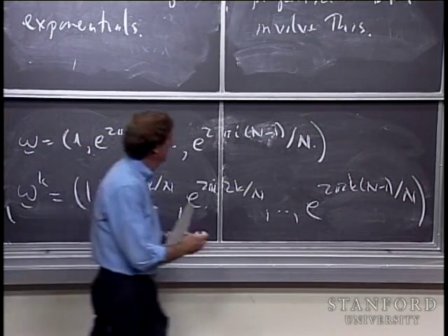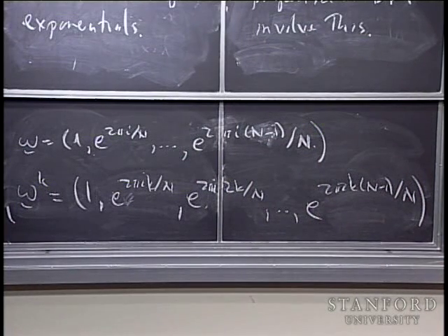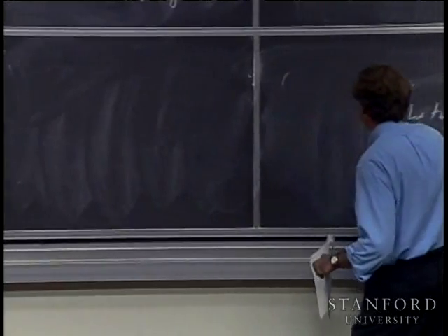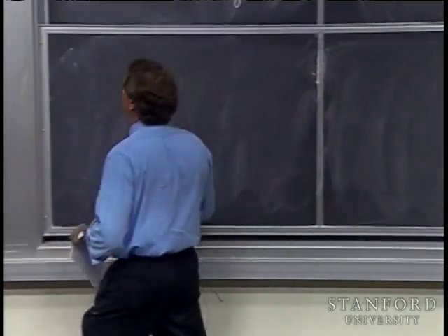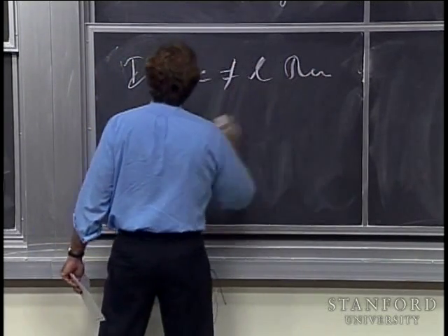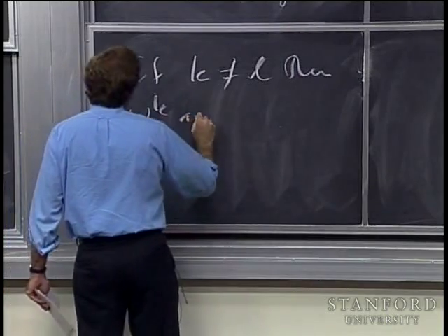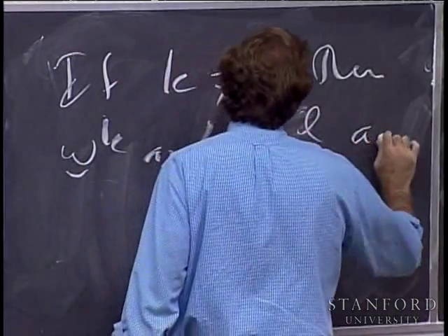That is to say, if k is different from l, then omega to the k and omega to the l are orthogonal.